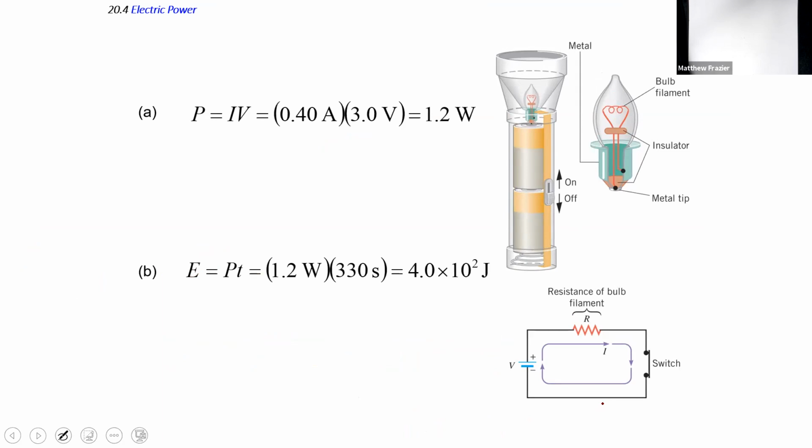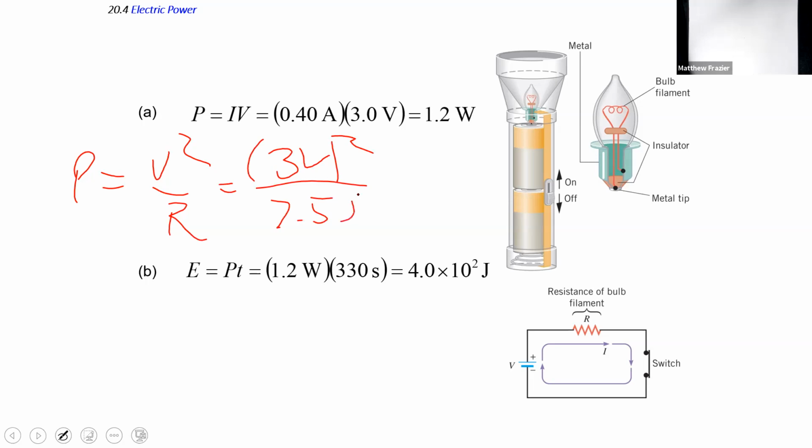Now, you could also do power is V squared over R. We use the R we had before, so this would be 3 volts squared over 7.5 ohms, and you get the same answer. 9 divided by 7.5 is about 1.2.